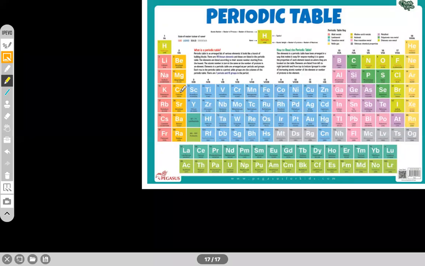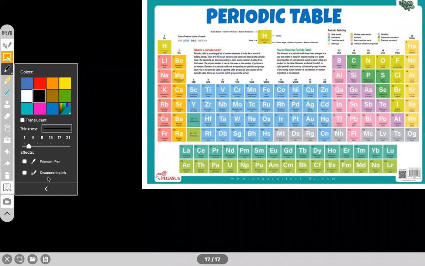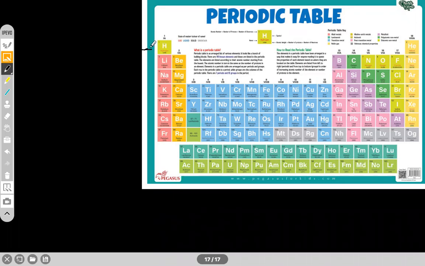You see the horizontal rows: 1, 2, 3, 4, 5, 6, 7 periods here. In the first period, we have hydrogen and helium. In the second period, we have lithium, beryllium, boron, carbon, nitrogen, oxygen, fluorine, and neon. Then third, fourth, fifth, and so on.